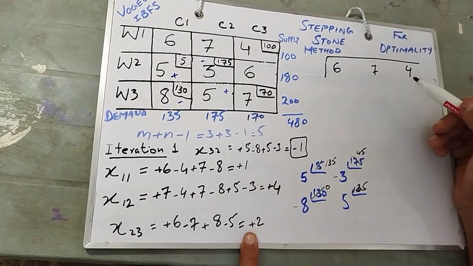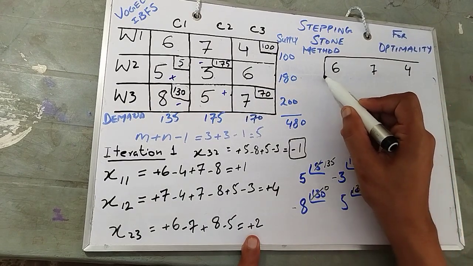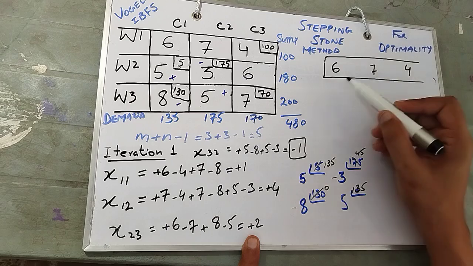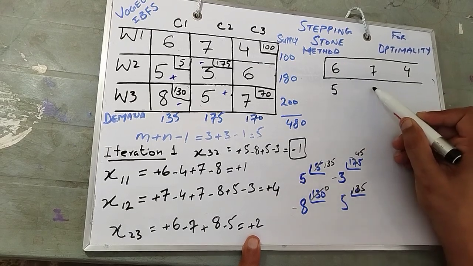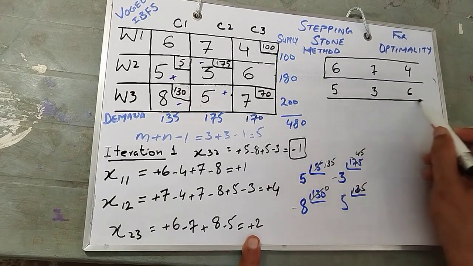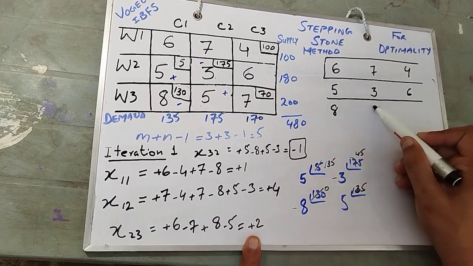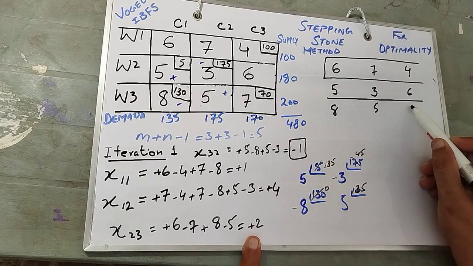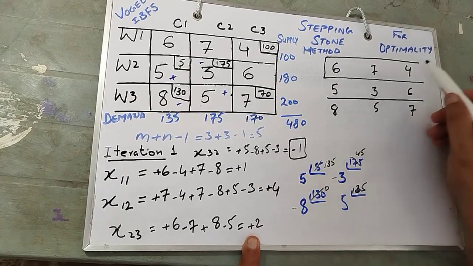Okay, 6, 7, 4. 5, 3, 6, 8, 5, 7. Okay, with the new allocation we will go.